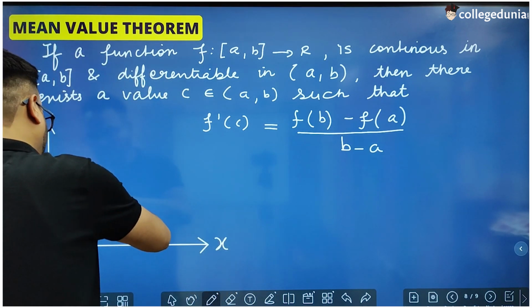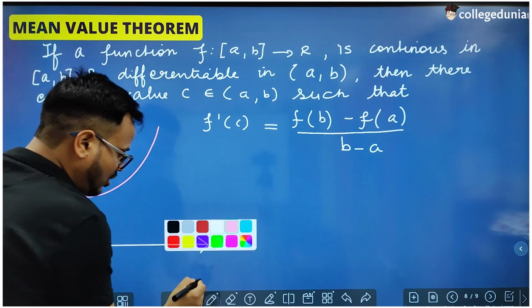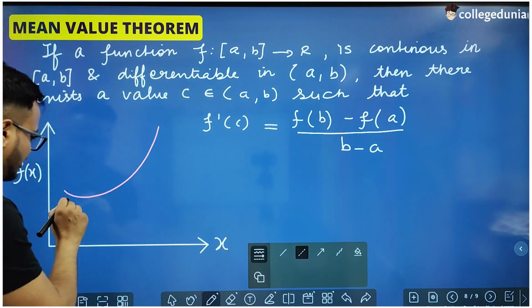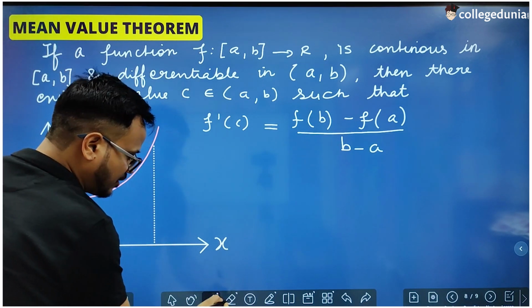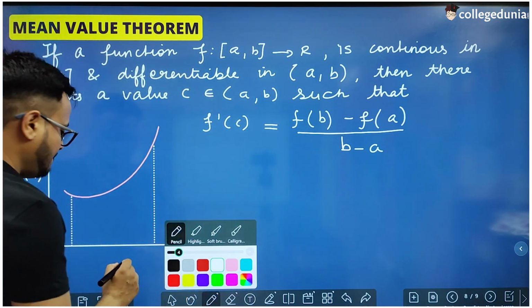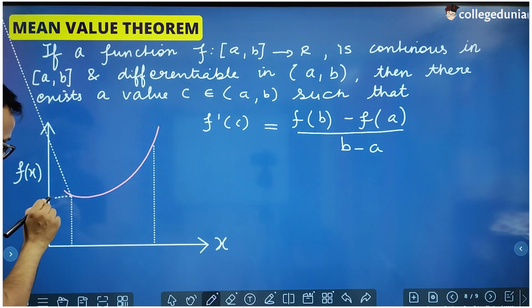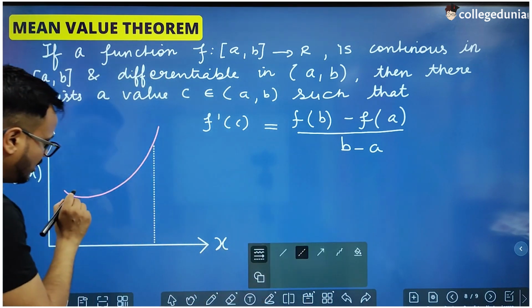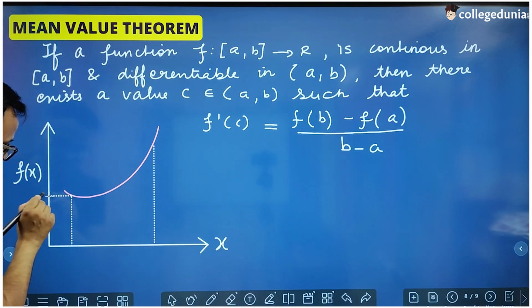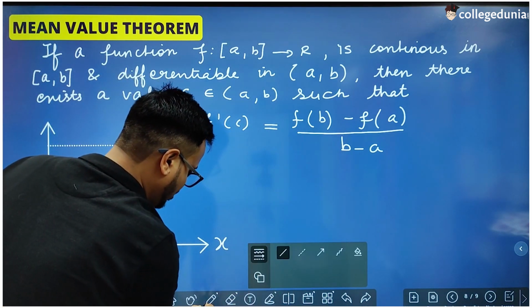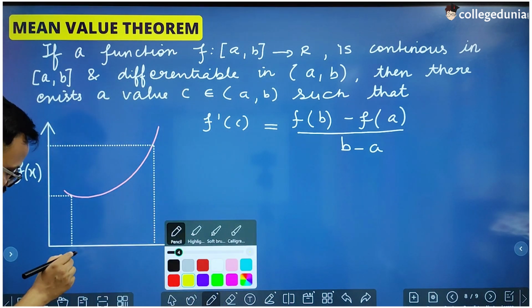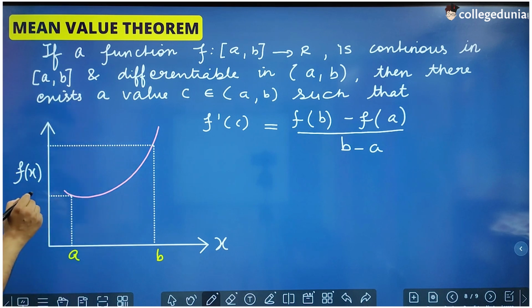So this is the graph of the function, and on this graph we have 2 points, x equal to a here and x equal to b here, and the value of the function at x equal to a is this, and the value of the function at x equal to b is this. Let us call those values f a and f b. So this is a, this is b, this is f of a, and this is f of b.